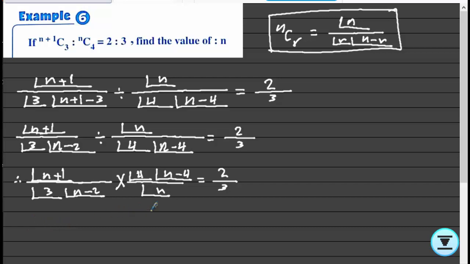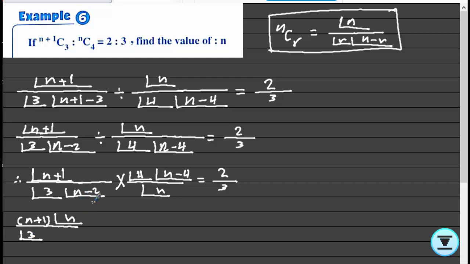We want to simplify the left hand side. So factorial (n+1) is (n+1) multiplied by factorial n, and the factorial 3 we keep as factorial 3.